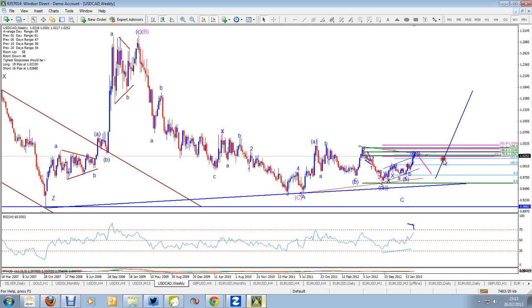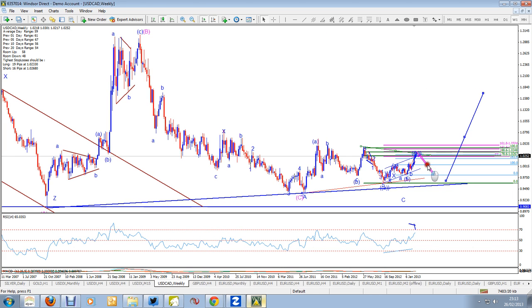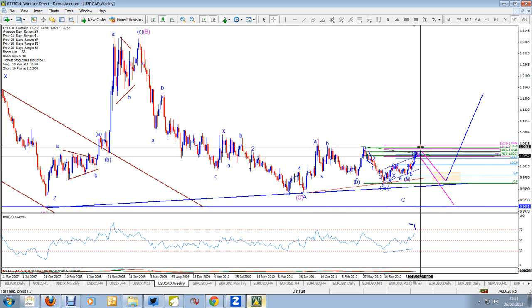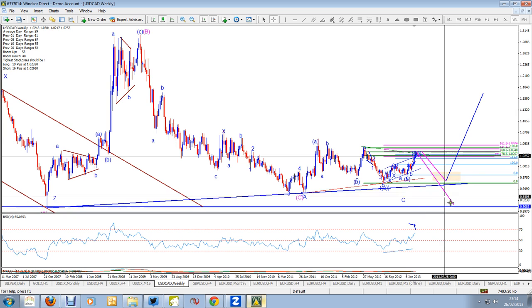Okay, so for this one we could say that we have possibly a bottom forming in this area, or we might finish up coming down like that. So what it would then paint out is we've got wave A, wave B and wave C top, in which case we follow this route here.